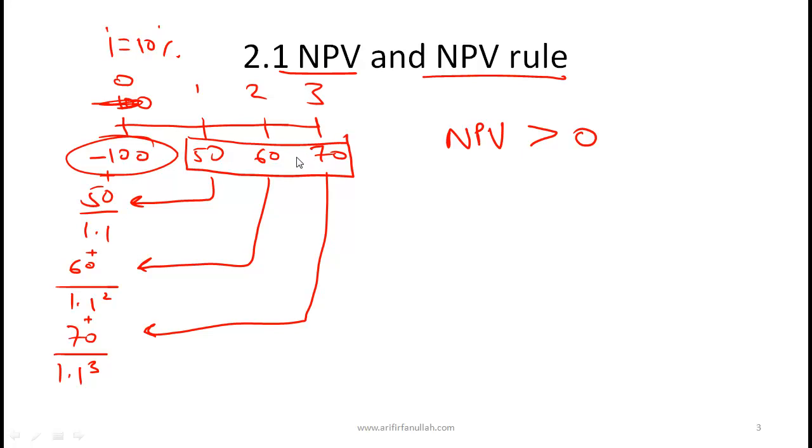Now, what if you have two projects, A and B, which are mutually exclusive, which means you either do A or you do B, it does not make sense to do both? Then how do you choose? You choose the project where NPV is higher. Those two points summarize the NPV rule.